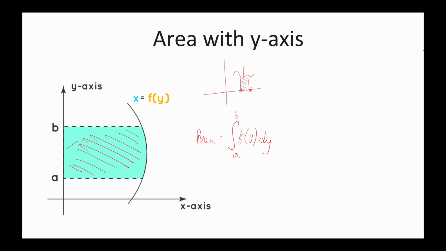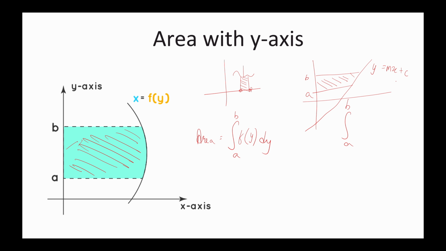Let me take one more example. Let's say I have a straight line, y is equal to mx plus c. Earlier, we simply used to integrate mx plus c. Now if I have to find the area and I know the limits on the y-axis, this is my a and b. What am I going to do?